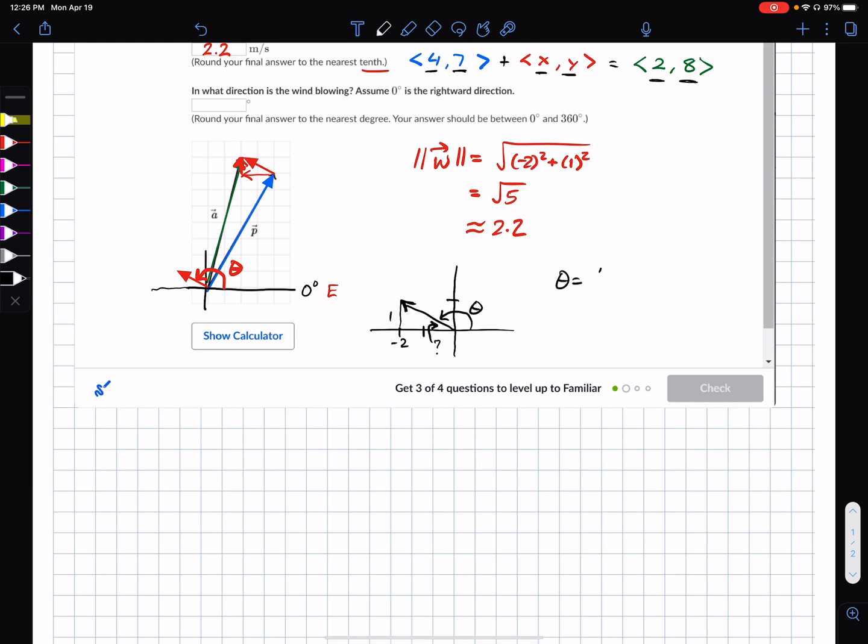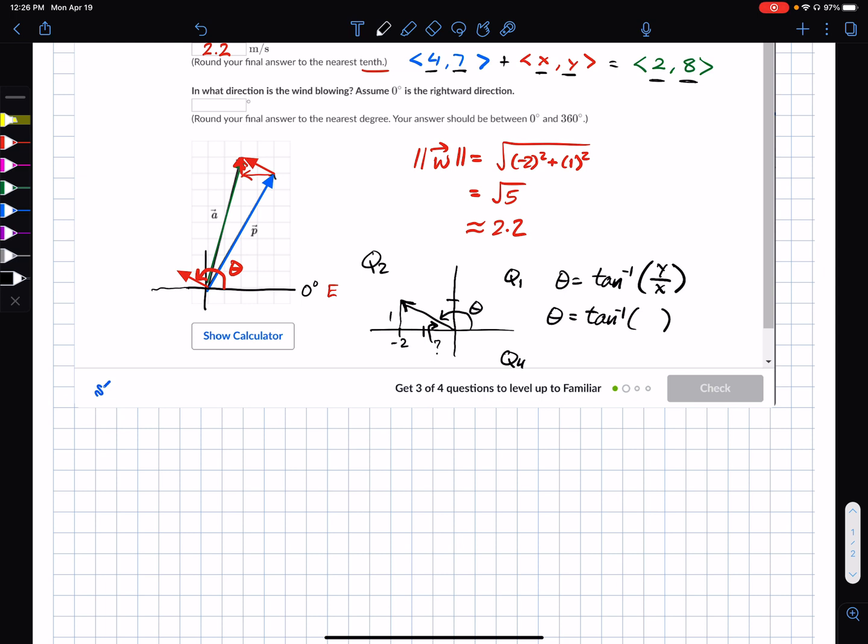Theta is equal to the tan inverse of the y value divided by the x value. The problem with tan inverse and popping that into your calculator is it's either going to give you a positive angle in the first quadrant or a negative angle from the fourth quadrant. And neither of those quadrants house our desired angle. We're looking for a quadrant 2 angle.